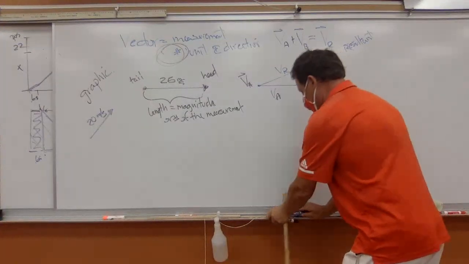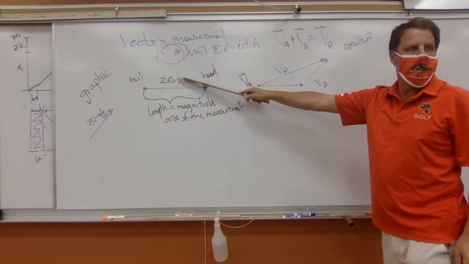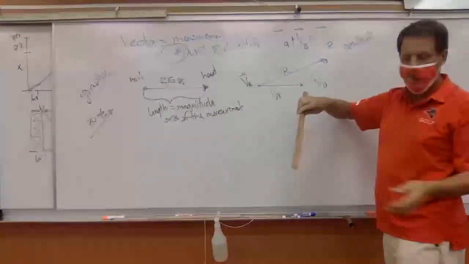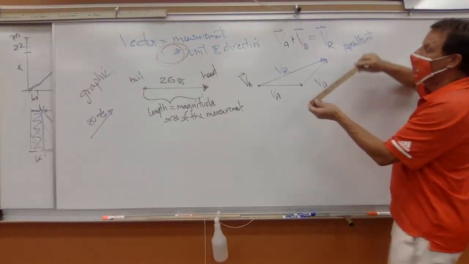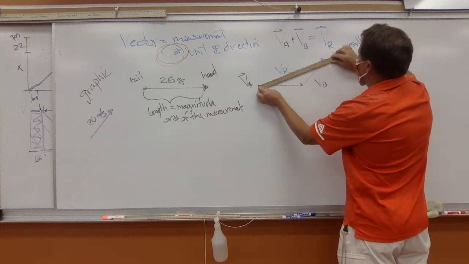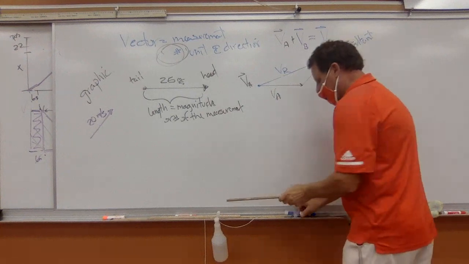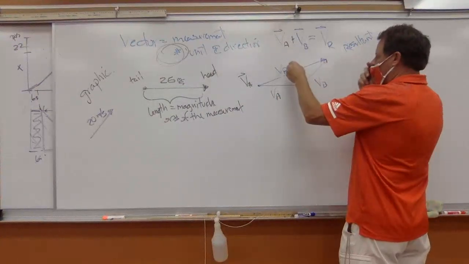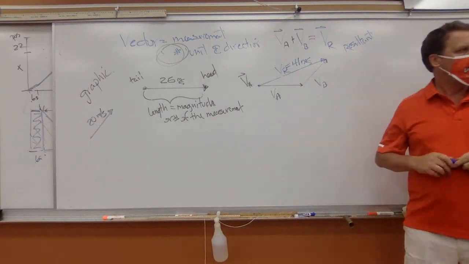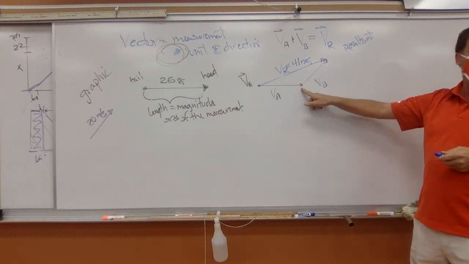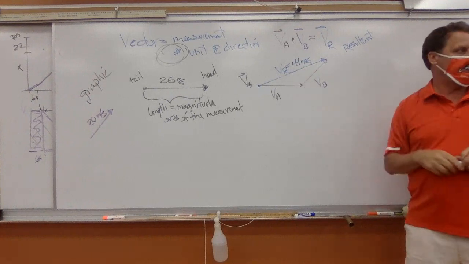Well, we know this vector is 25 centimeters long, which corresponds to 25 meters per second. We know this one is 20, which corresponds to 20 meters per second. Graphically, we can just measure it here, and we can say that it is 41 centimeters long. So this resultant vector is equal to 41 meters per second. So if we had a vector going this way at 25 and this way at 20, it's going to add up to be 41 going in that direction.